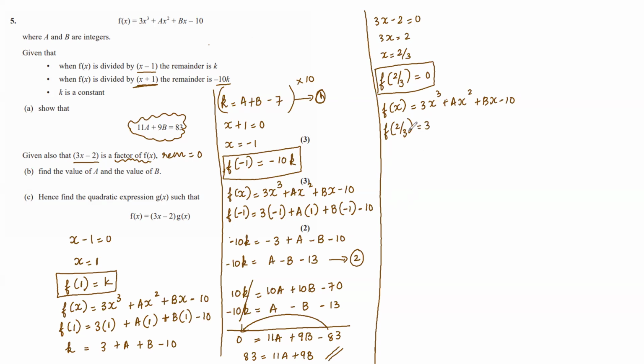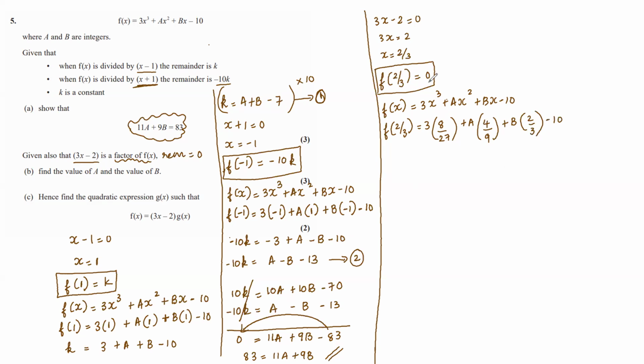So 3 into 2 by 3 the whole cube. So 2 cube is 8, 3 cube is 27, plus a into x square. So x here is 2 by 3. So 2 square is 4 and 3 square is 9, plus b into x, x is 2 by 3, minus 10.